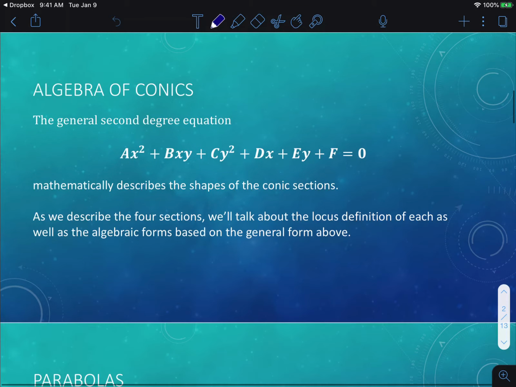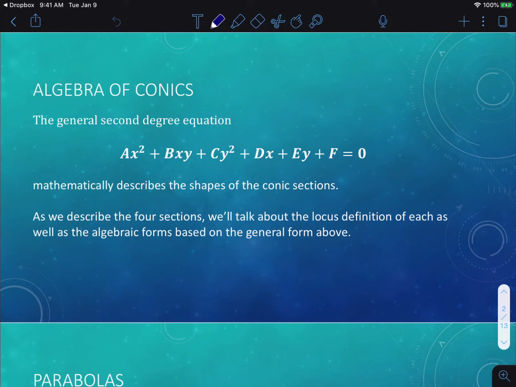So here's the algebra of the conics. We have what's called a general second degree equation. If we look at this in terms of x's and y's, you'll notice that we have leading coefficients capital A, B, C, D, E, and F. This equation describes all the math necessary to come up with the standard forms for the conic sections.